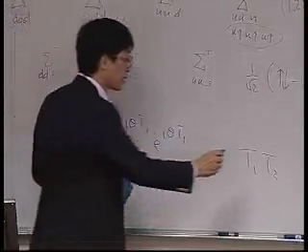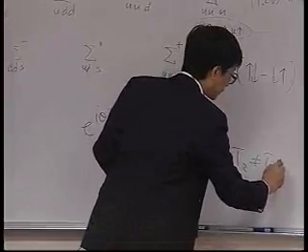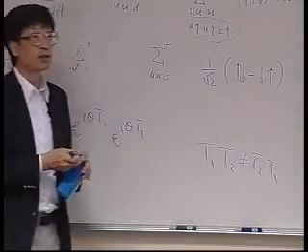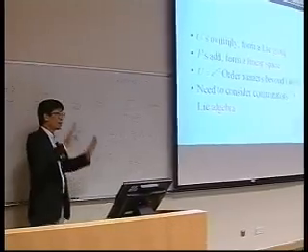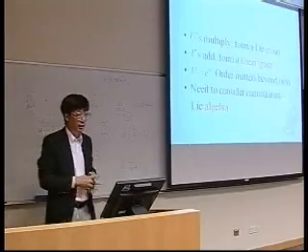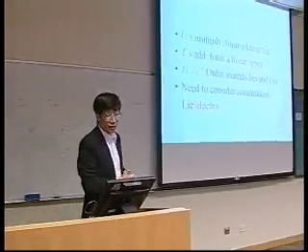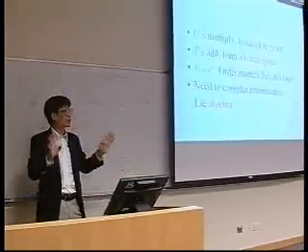Which is not the same as T2 times T1. Okay? So if you go to second and higher order, you have to worry about the order of the product of t's. So I need to consider the commutator among the t's.